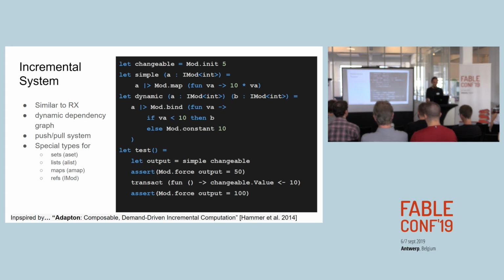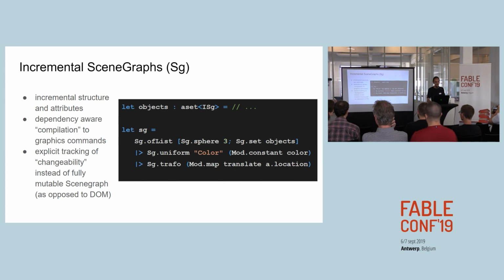And yeah. So this system is the heart of our whole rendering API, basically, and I'll show you how we use it in our scene descriptions. Basically the entire scene description we have takes incremental input values at any position.